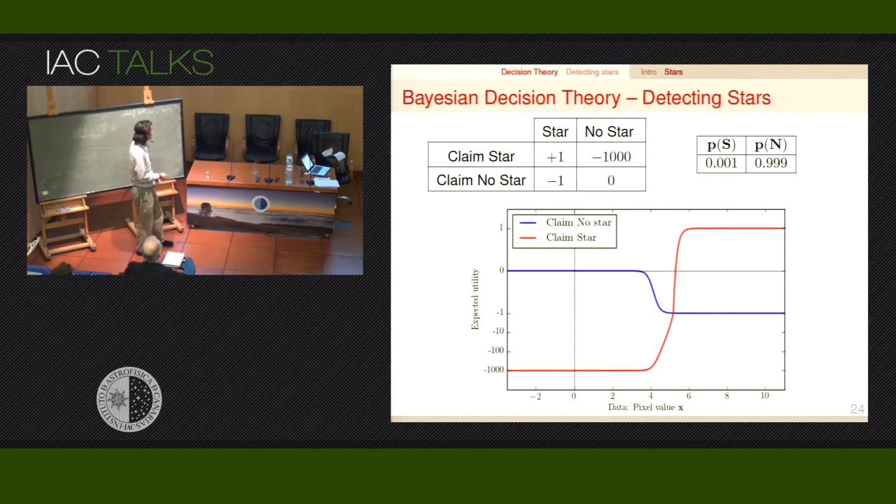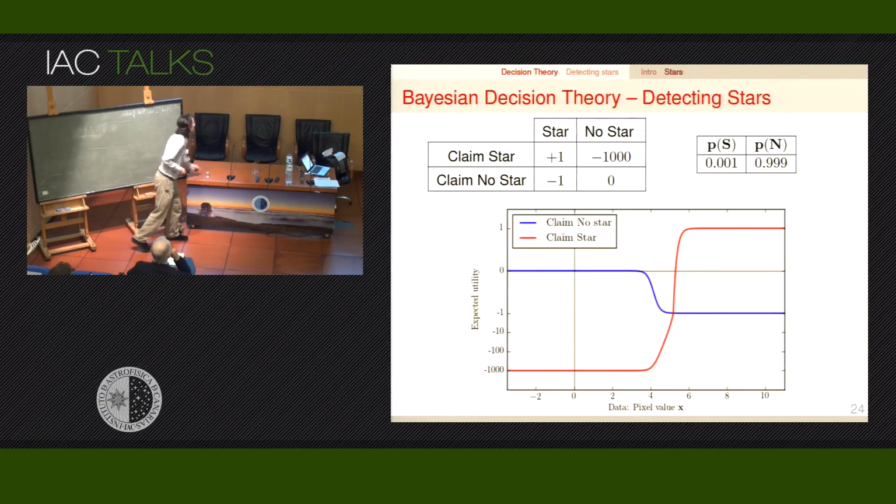If the pixel is really negative, you're far better to claim no star. If the pixel has value -3, then it's 9 standard deviations from being a star and only 3 standard deviations from being nothing. So the odds are totally in favor of there being nothing.